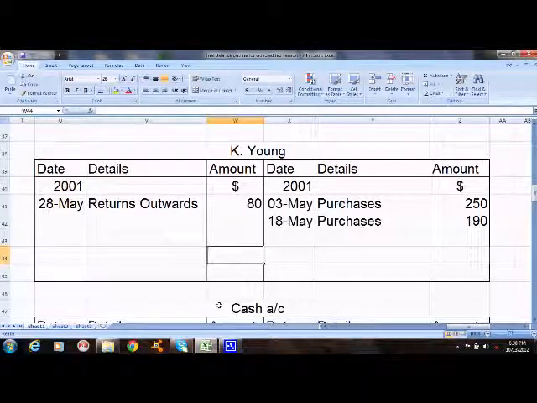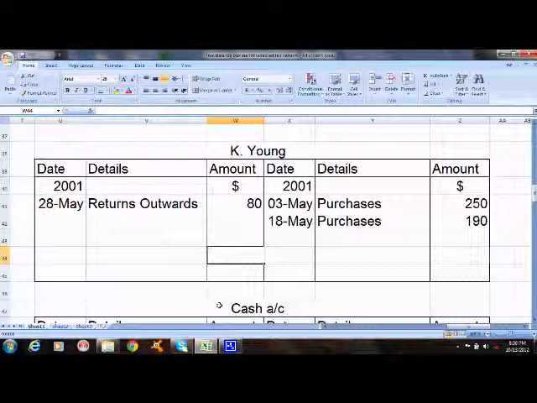Alright, next. Paid T Oral $860 by check. T Oral was one who we bought goods from. T Oral is a liability, a creditor, and a creditor is being decreased at this moment. Liabilities are decreasing, therefore we're going to make a debit entry in T Oral's account.